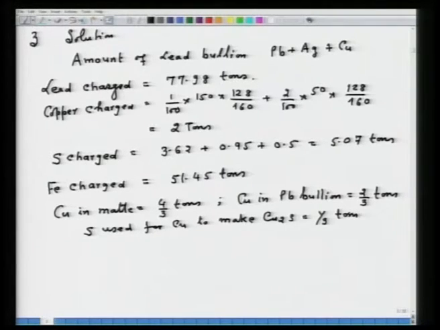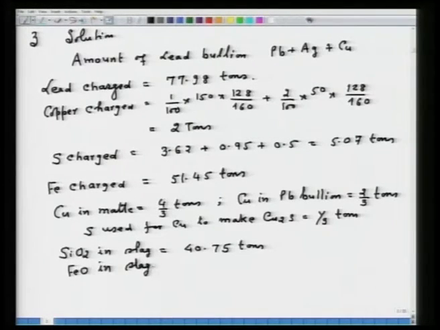And now, say SiO2 in slag is equal to 40.75 tons. Now, FeO in slag will be 58.21 tons.